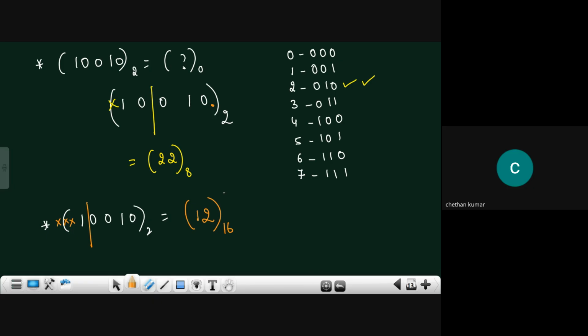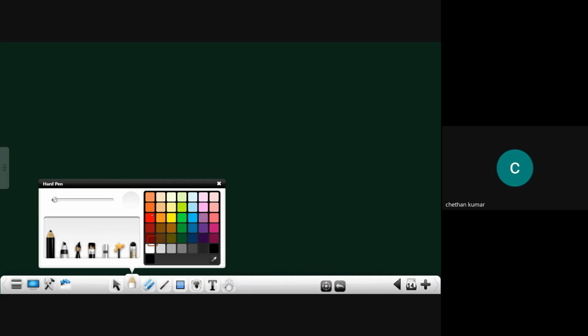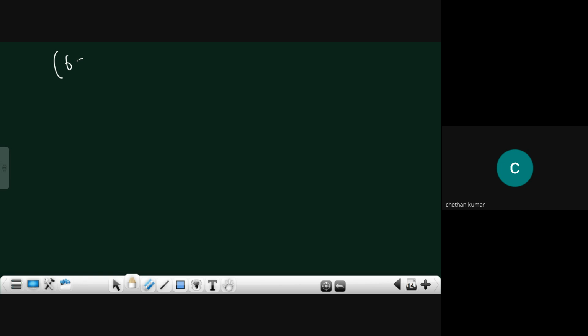If I give the number 65 in octal, how to convert this into decimal? How to convert this into binary? How to convert this number into hexadecimal? Octal to decimal means weighted power. Decimal to another number, the integer part will be divided and the fractional part will be multiplied.